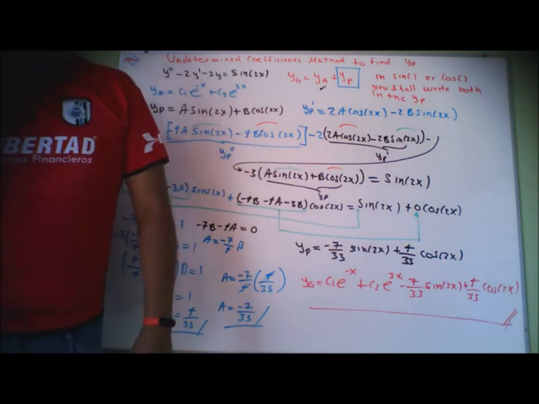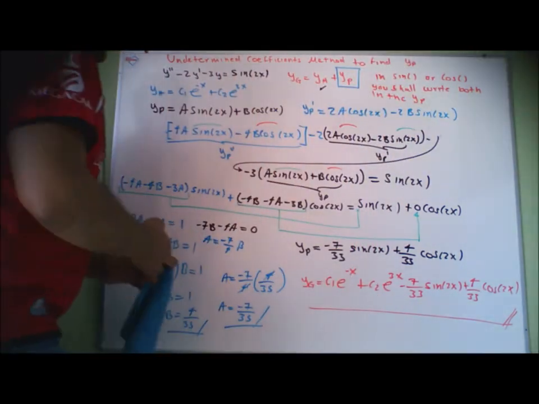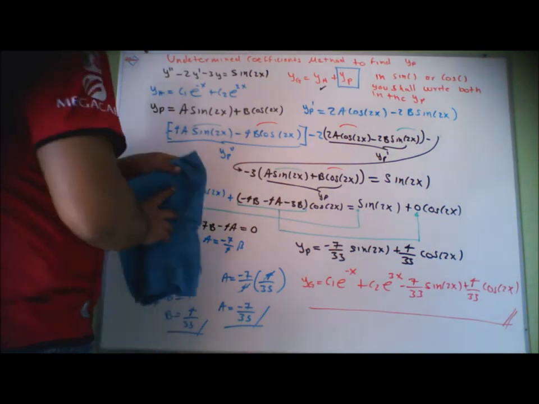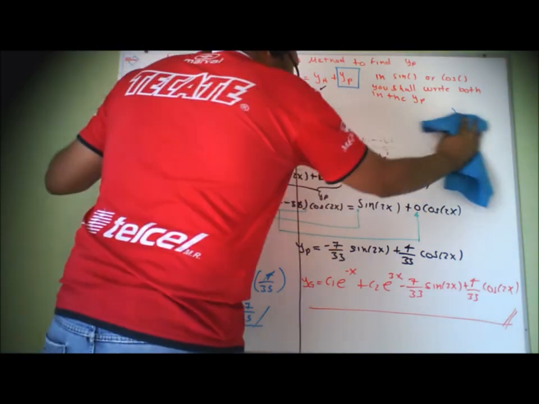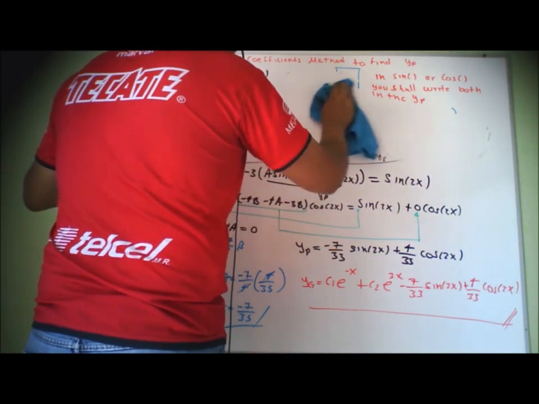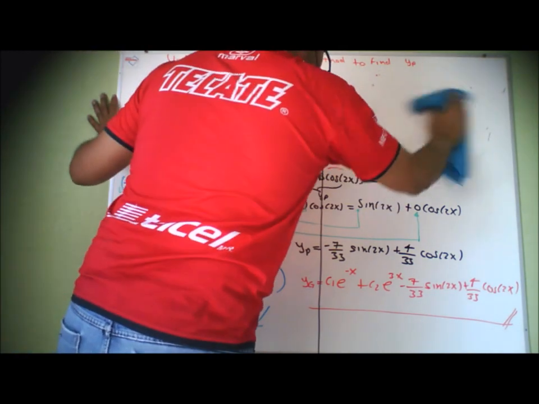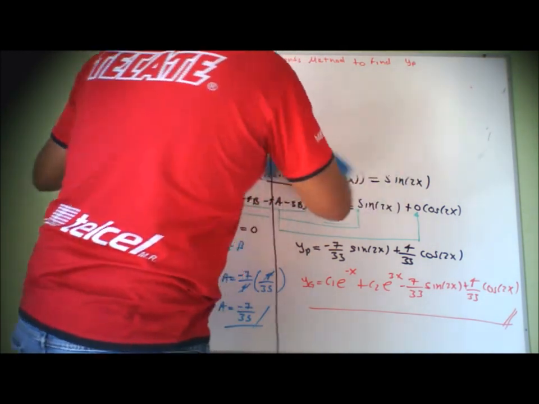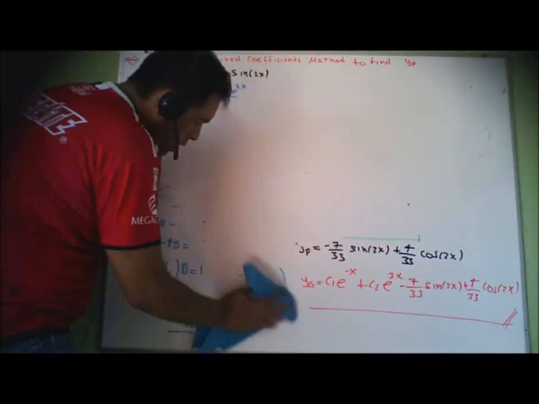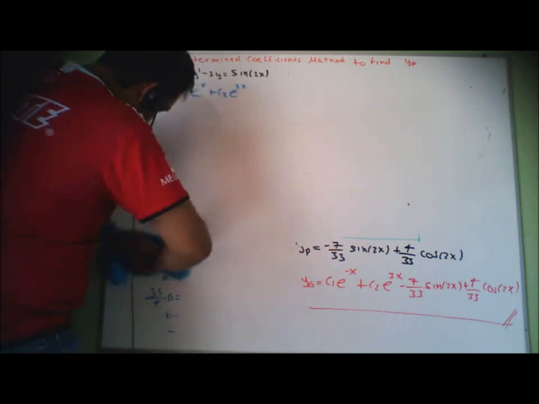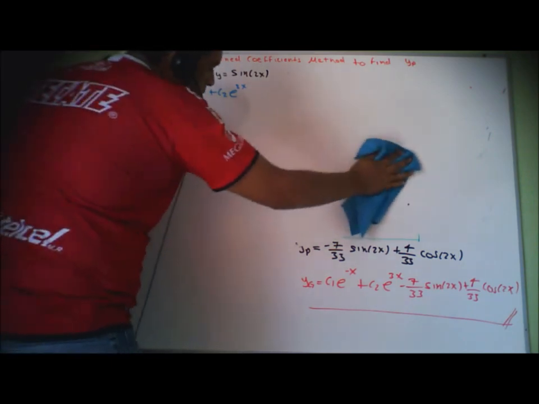Okay. Before we finish this video, I'm going to erase this part because I want to tell you something that is called superposition. We can superimpose the solution. I'm going to need more space here. Let's recover the other examples.